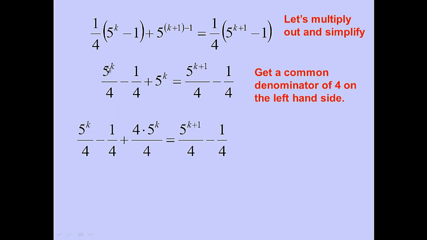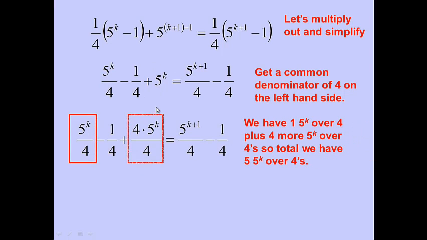So notice here we have 5 to the k over 4 minus 1 over 4 plus 4 times 5 to the k over 4. So we've gotten a common denominator for this part right here. Now notice we have 1 5 to the k over 4 plus 4 more 5 to the k over 4. So we have a total of 5 times 5 to the k over 4 by adding those two together.